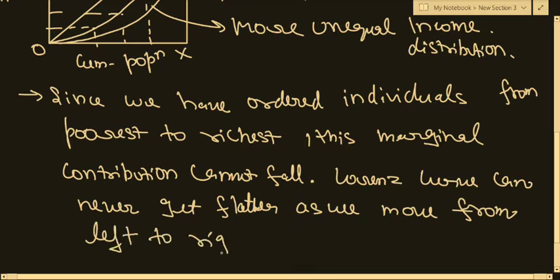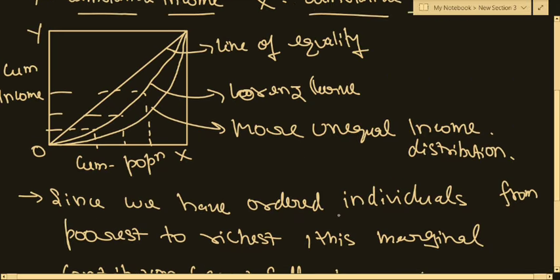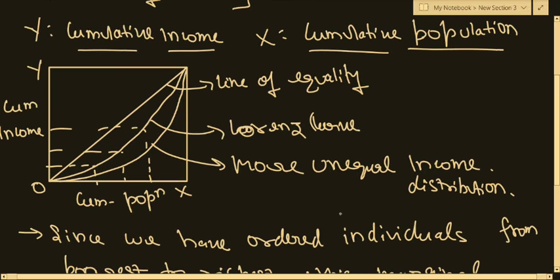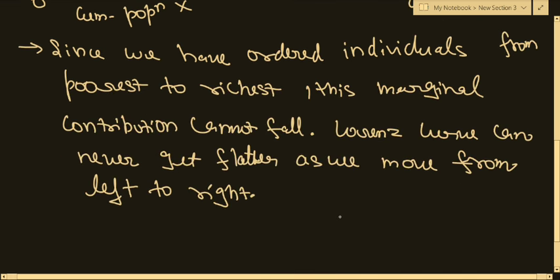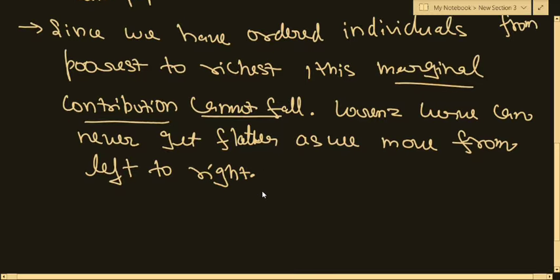There was a question in past years which asked whether the Lorenz curve can get flatter as you move from left to right, but it is not possible, since we are arranging the income distribution in ascending order, so this marginal contribution cannot fall, and the Lorenz curve can never get flatter. Okay, so this was something about the Lorenz curve.